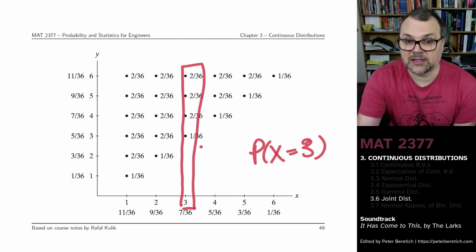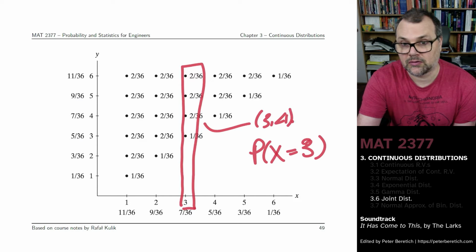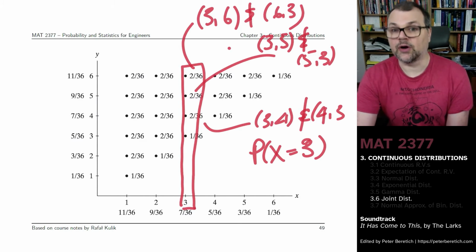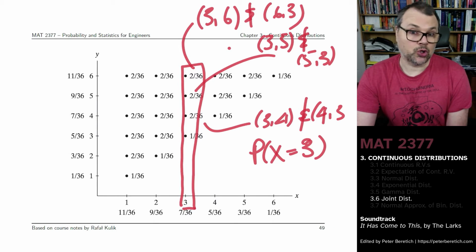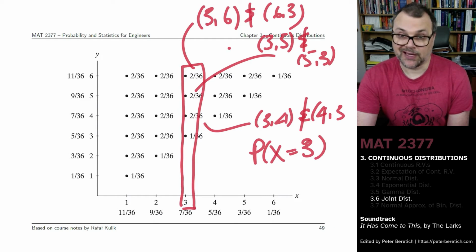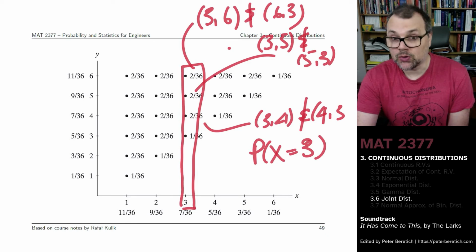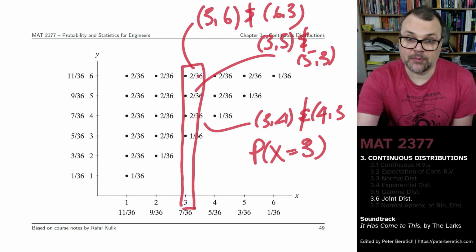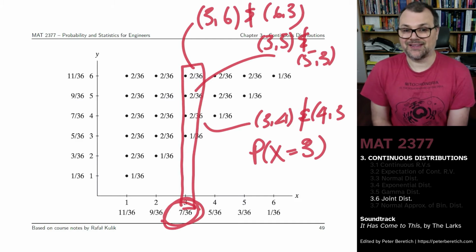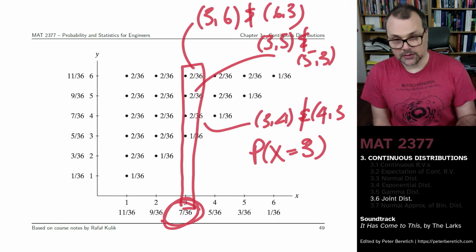And then you have the possibility of having rolled a 3 and a 4, a 3 and a 5, a 3 and a 6. These are the only ways in which your lowest roll can be a 3. You can't roll a 3 and a 2 because then your lowest roll isn't a 3 anymore. Your lowest roll is a 2. So if you add up all of these values, you'll find a probability of 7 over 36.